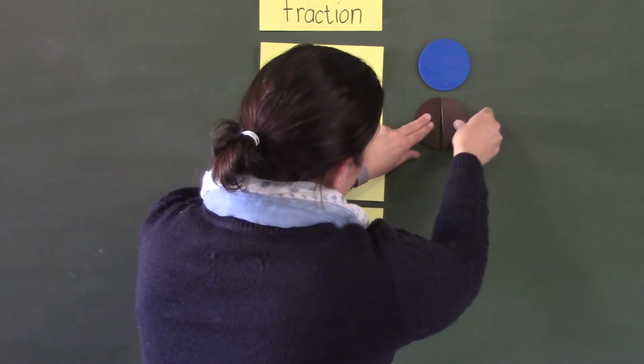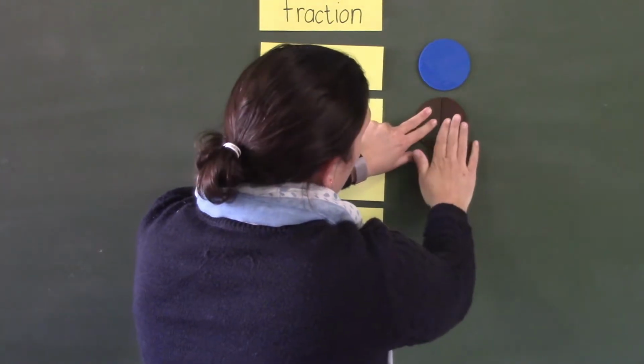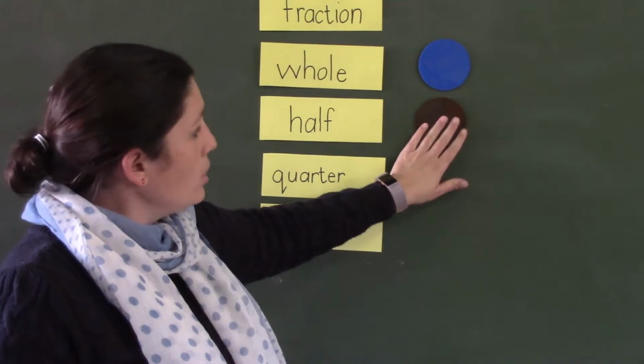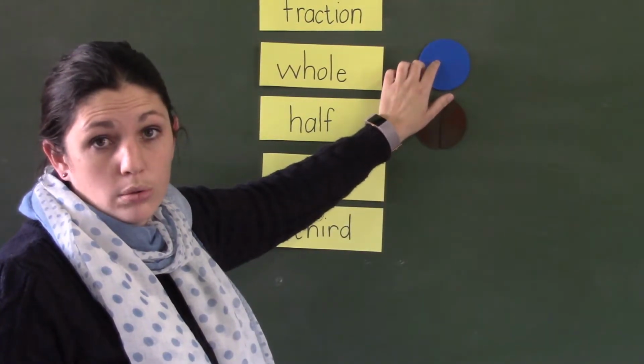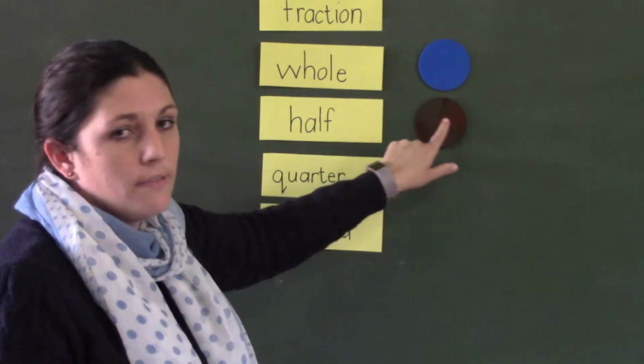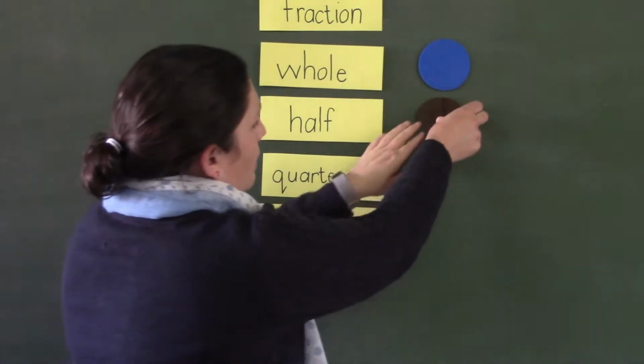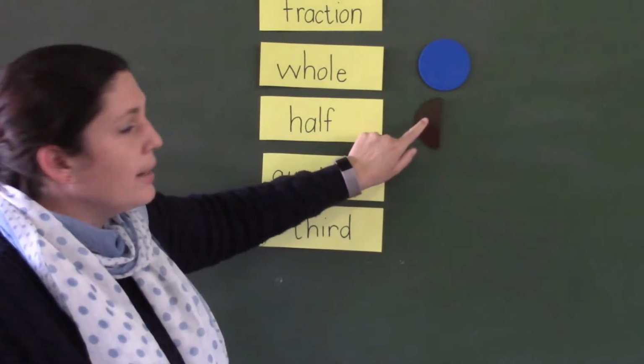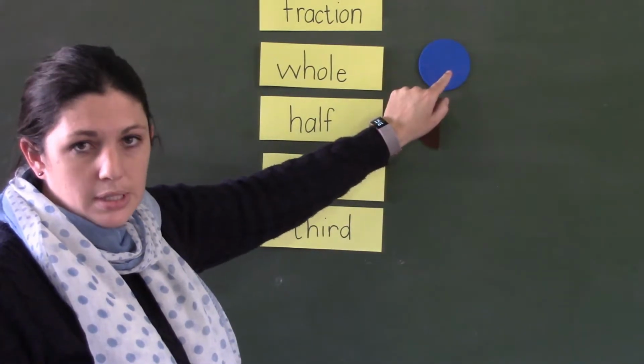And they need to be the same size. So now you can see that 2 halves actually are the same as one whole. And you can see that each half is the same size. If I take away one of the halves, now I have 1/2 of the whole pizza.